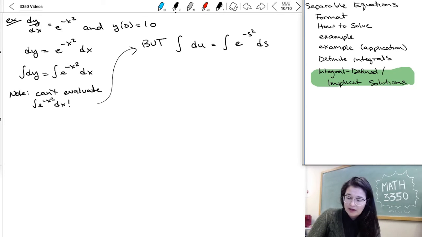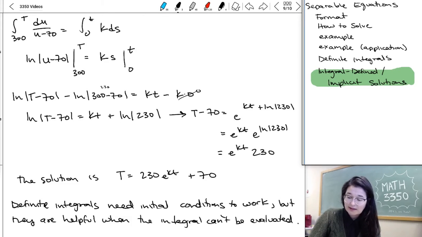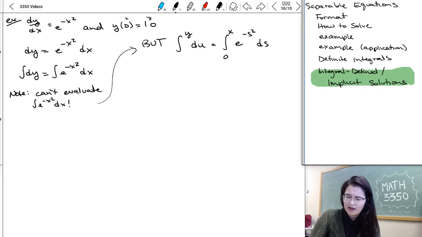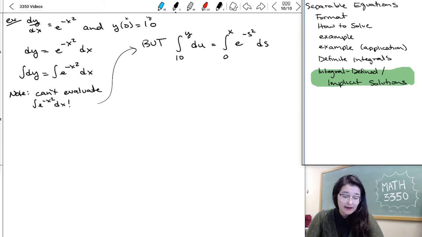So I would be solving for going up to y and going up to x, and my initial conditions are that x started at 0 and y started at 10. So now I have the integral set up with the initial conditions, which is nice.